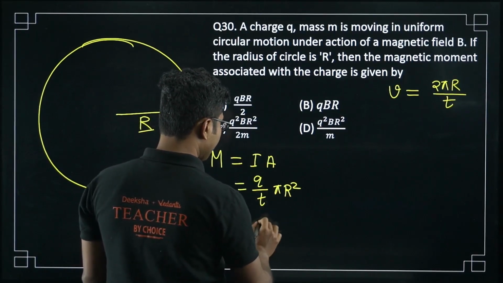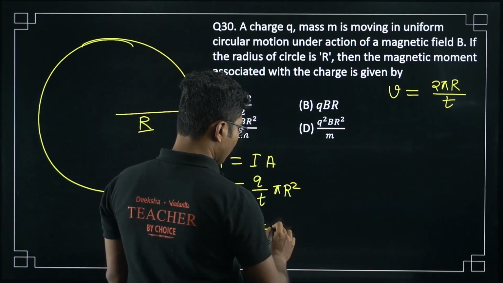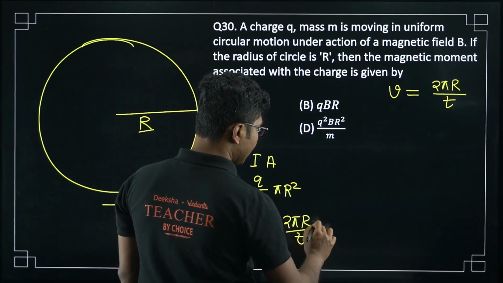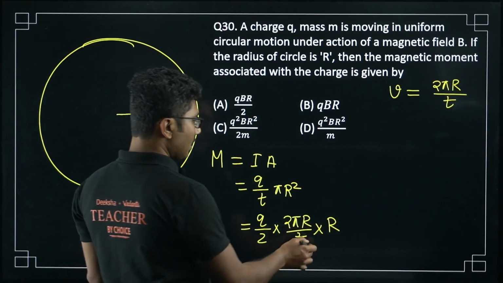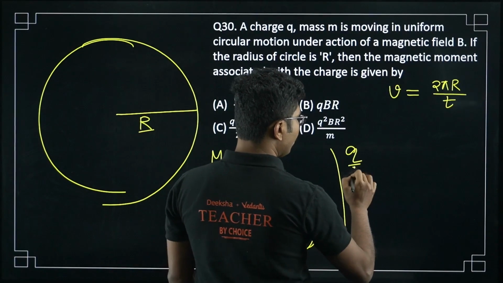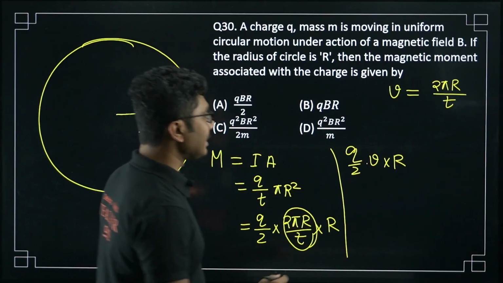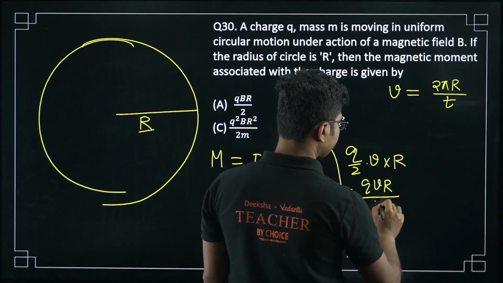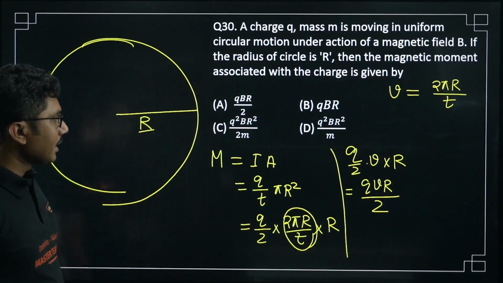So first we do this: q by 2 into 2 pi r by t into r. This is the way we are eliminating the time t. So this is the velocity, right? So this becomes q by 2 into v into r. So the answer is q v r by 2, but if I am not mistaken, yes, q v r by 2.